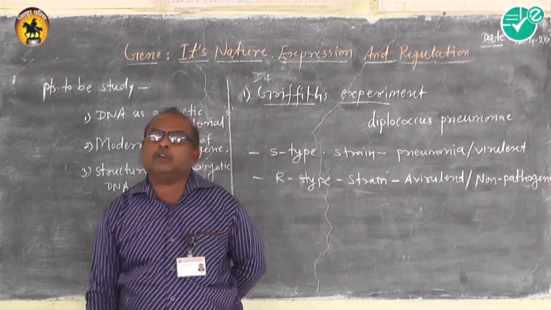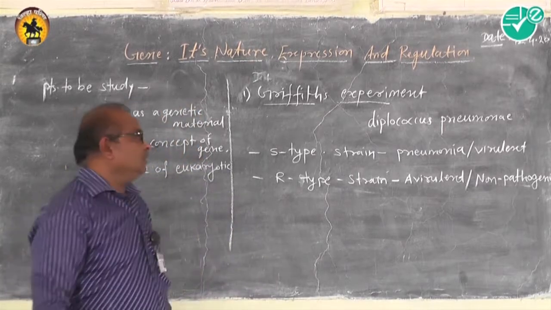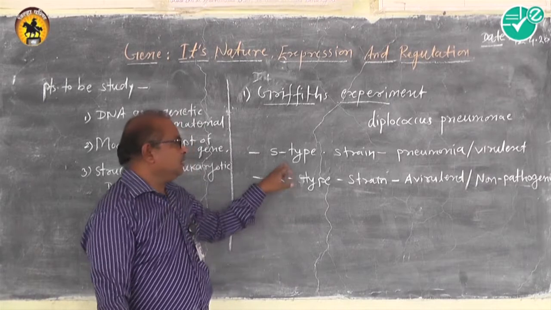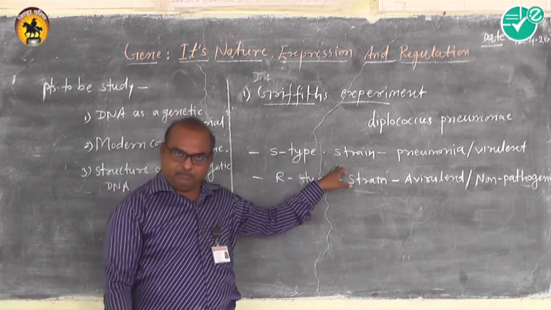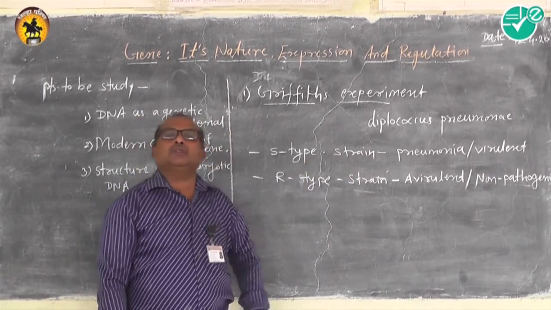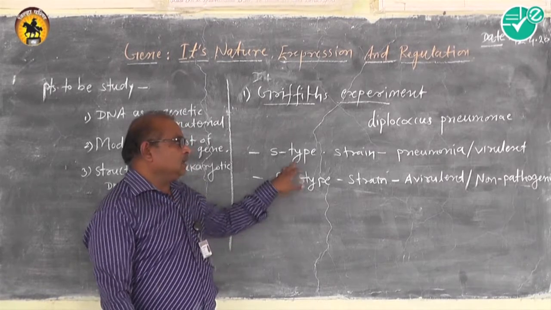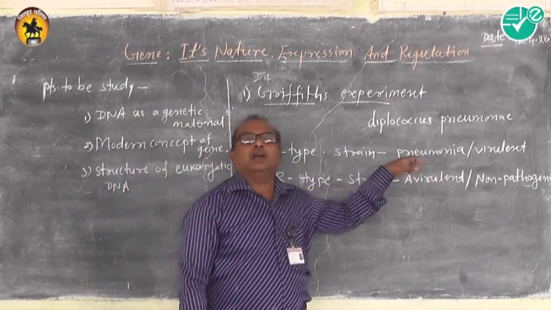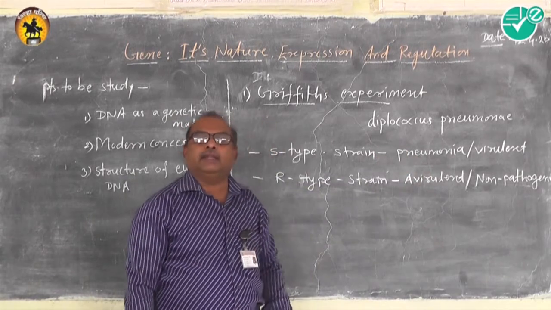When he performed the experiment, Griffith first injected the S-type strain of the bacterium into a healthy mouse. He found that the mouse after some days suffered from pneumonia and finally died.